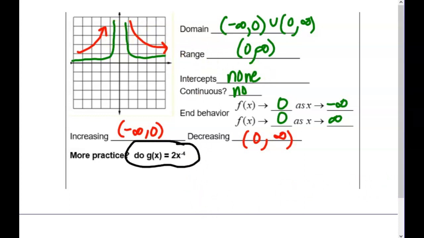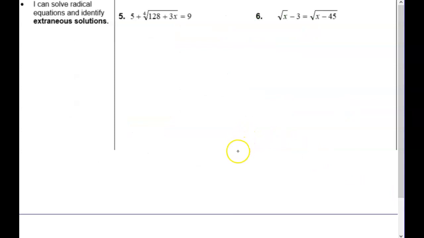All right. Part of that same standard is this radical equation stuff. I'm going to go quick because we need to keep moving, but you would isolate the radical, so you would subtract 5 here. Anybody tell me what you would do next? To get rid of a 4th root, or a 3rd root, or a 5th root, or a square root, you do the power, right?